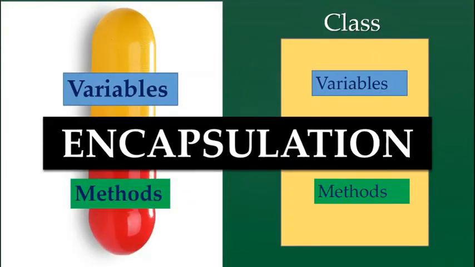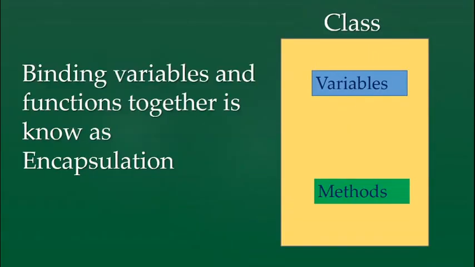If we bind the variables and functions together, then it is known as encapsulation. Simply, encapsulation is a process by which we can bind variables and functions together. So this is encapsulation, and this is the definition of encapsulation.